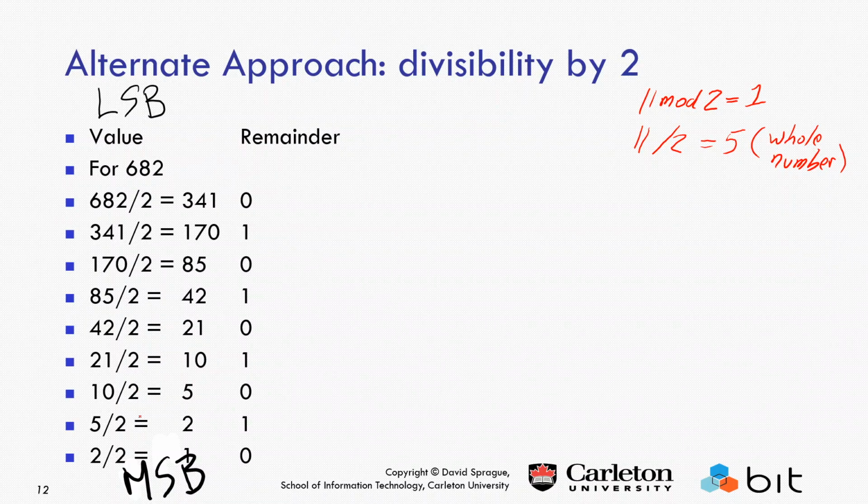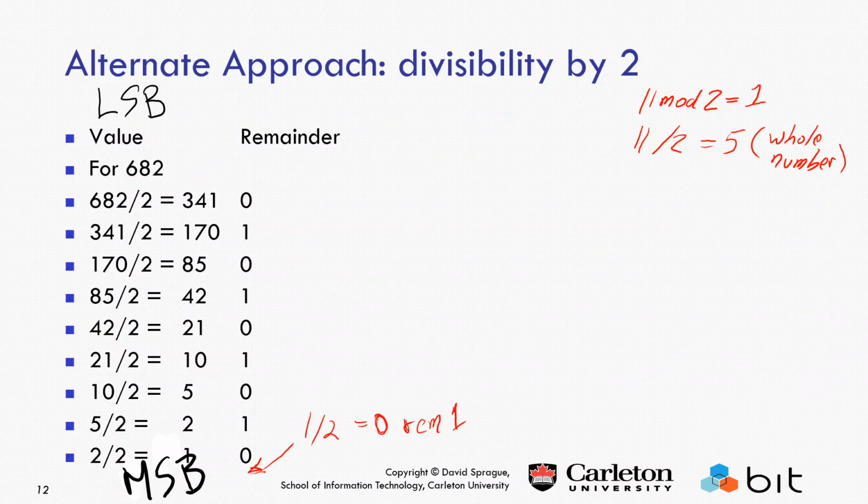It's not evenly divisible. 2 divided by 2 gives me 1 with remainder 0, and then I have 1 divided by 2 is equal to 0 with remainder 1. So I should actually put that other one in there, just to exhaustively do the very last bit.